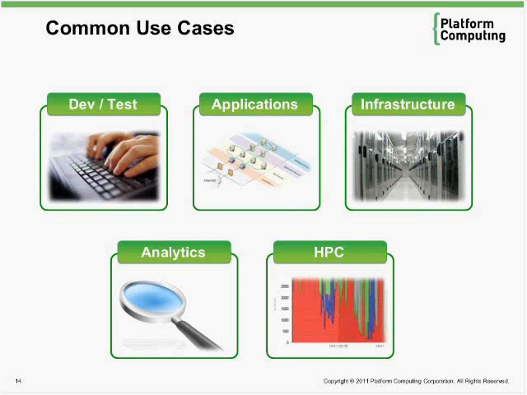What we found is that analytics applications that require a lot of resources, where the demand is very fluctuating, are a good class of applications to run in a cloud environment. And of course, Platform has been the dominant player in providing management software for HPC applications in clusters and grid type environments, and now cloud.